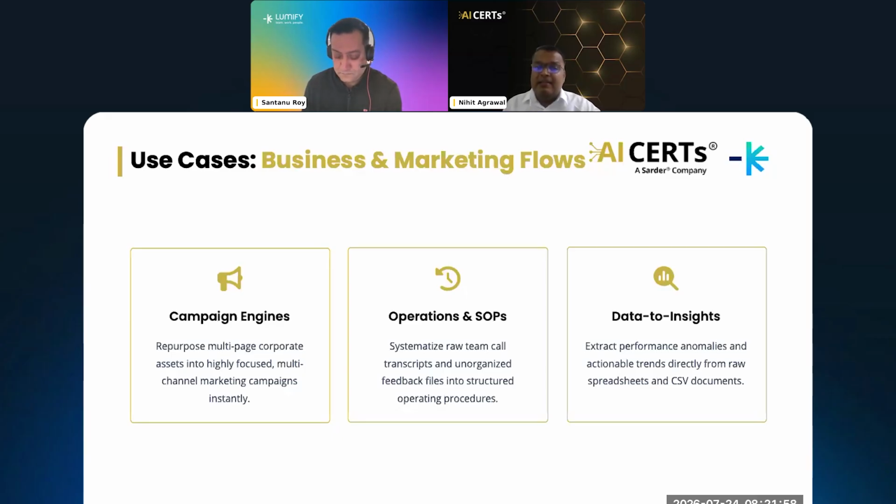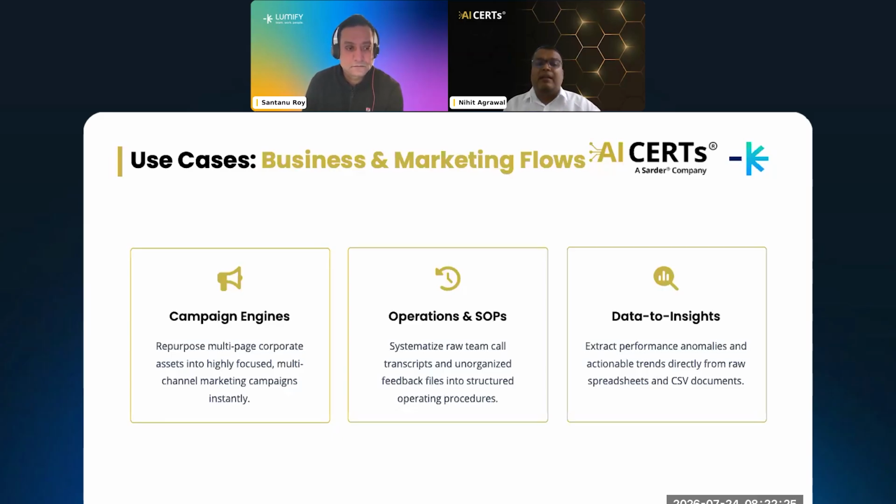Second is operations. Organizations generate a huge amount of information through meetings, transcripts, notes, and process discussions, but this information is often scattered and very difficult to use. AI can help by transforming this raw conversational data into structured procedures, workflows, and even operational documentation.